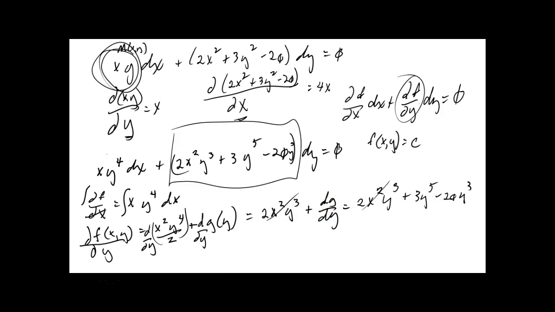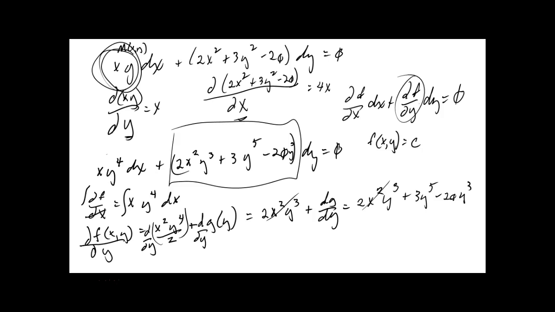I'm still a little lost. I got that these two are the same. Right. 3y to the fifth, where did that come from? Right here minus this right here. So we haven't taken this and added it to anything.